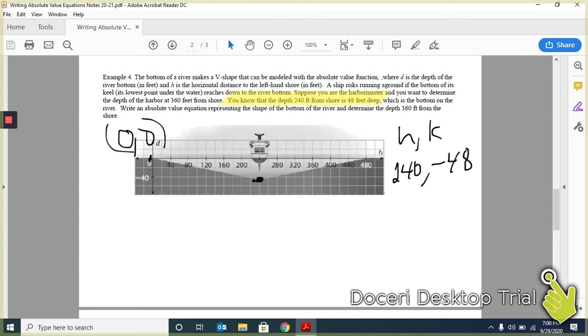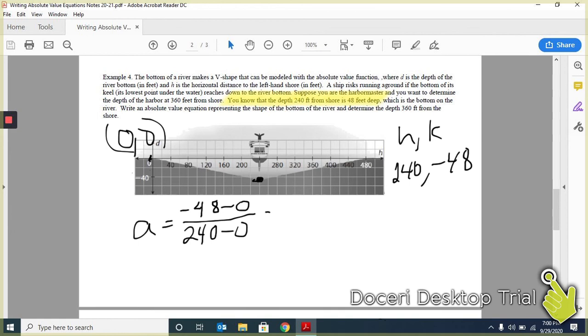Okay. So my slope, and I'm actually going to use method 2 on this one because I have (0, 0) as my point, which makes this so much easier, is basically negative 48 minus 0 over 240 minus 0.